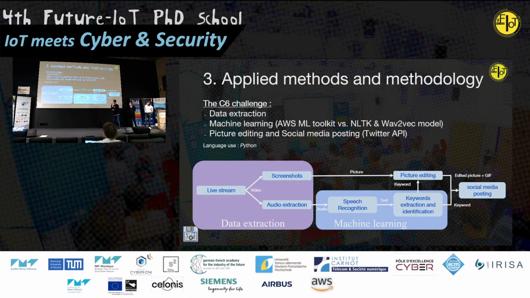The first one with the iOS toolkit, and the second one with NLTK and the Wave2Vec model, the pre-trained model from Facebook. Here we do the speech recognition and the keyword extraction and identification, using this keyword and the picture as the input for publishing on social media, posting on Twitter using the Twitter API.